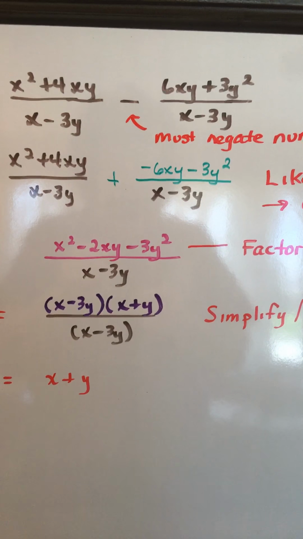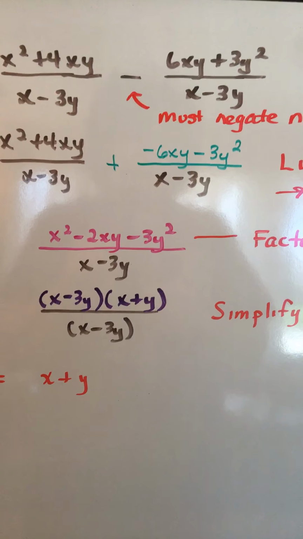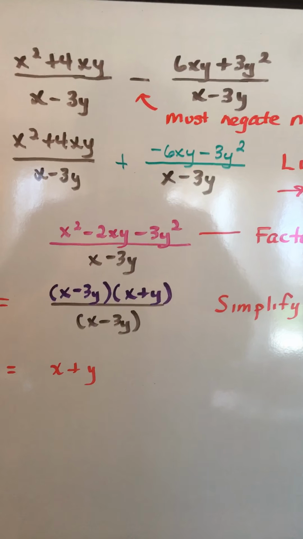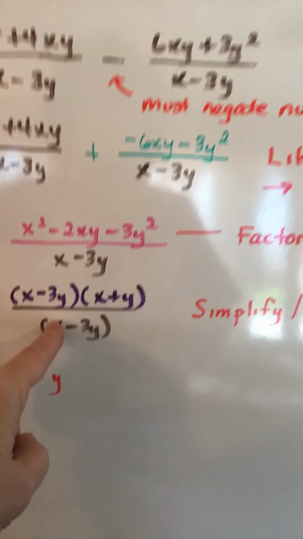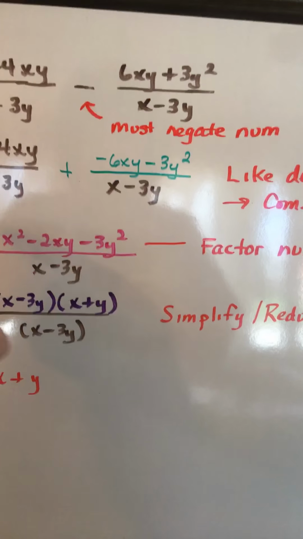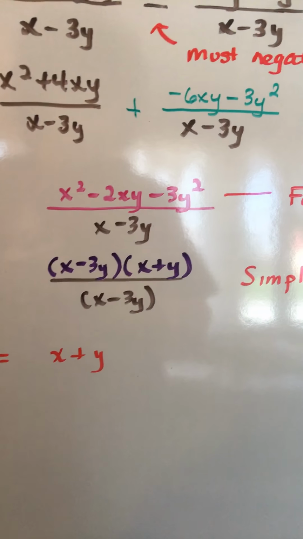And so the only factors of 3 are 3 and 1. And the ones that add and give you negative 2 would be a negative 3 and a positive 1. Note that these are alike, so I can reduce, cancel, simplify, and I'm left with x plus y.